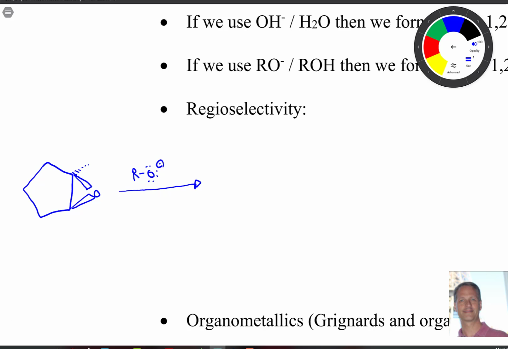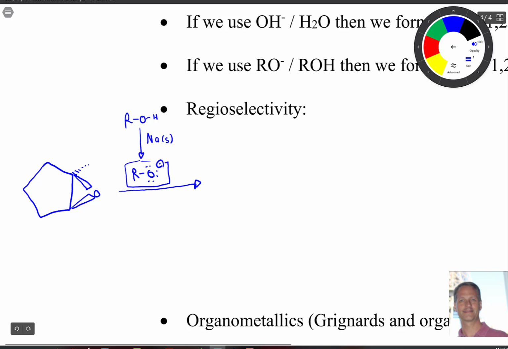Now synthetically we could make this by taking an ROH, and if you remember from the alcohols chapter, you could add like solid sodium or potassium. That would do that. But anyway, that's going to be our reactant here.